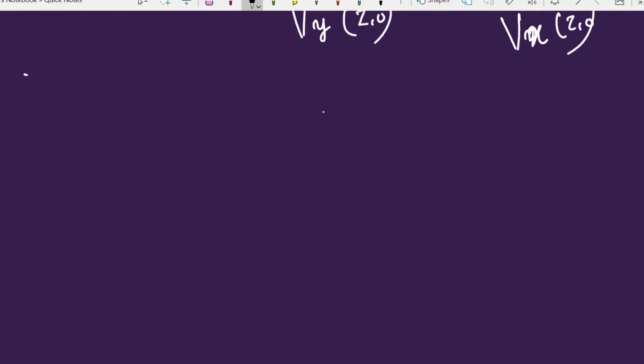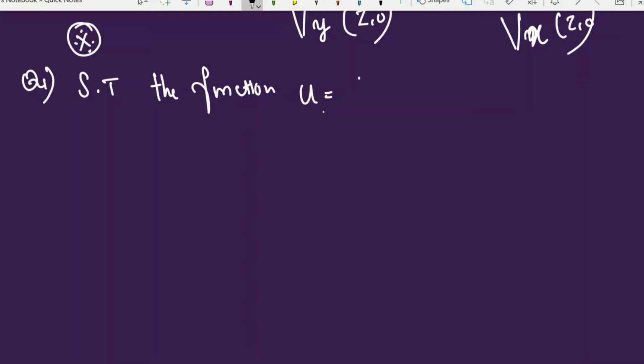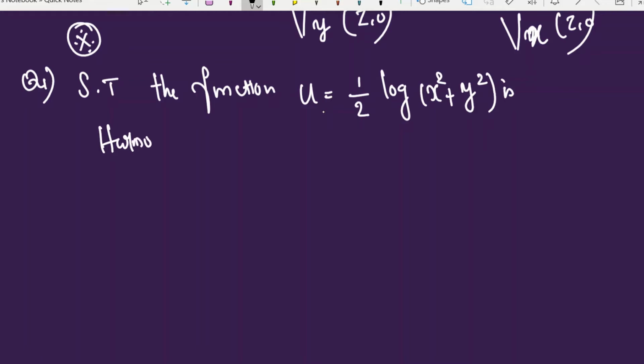Question number 1. Show that, most important question, show that the function u equals half log of x square plus y square is harmonic and determine its conjugate.